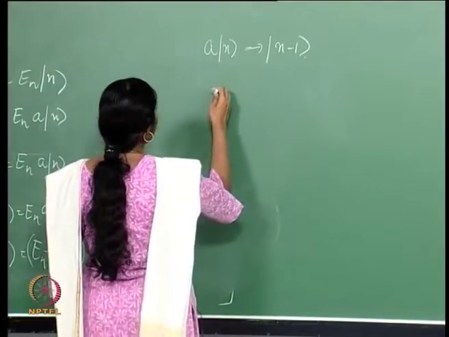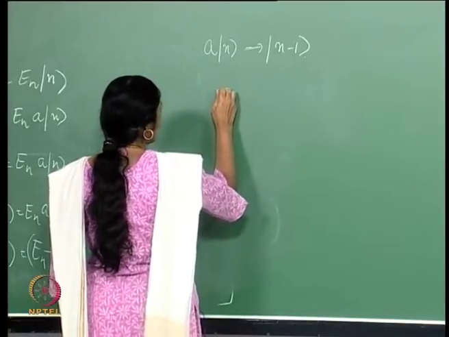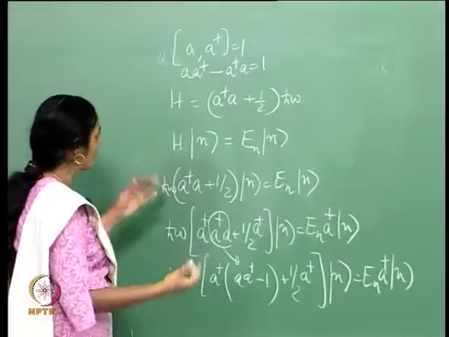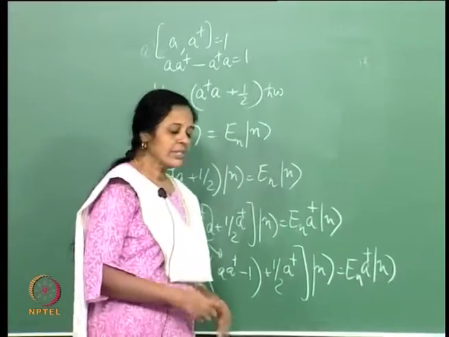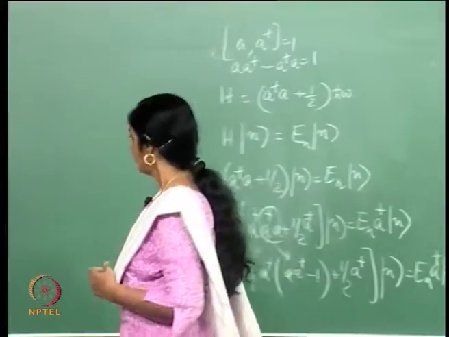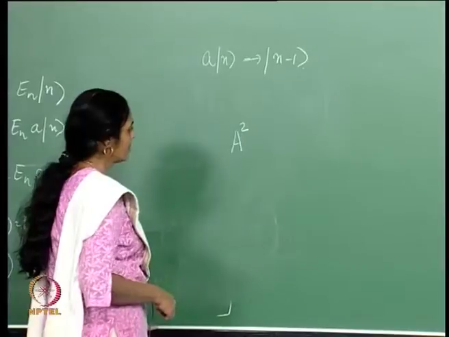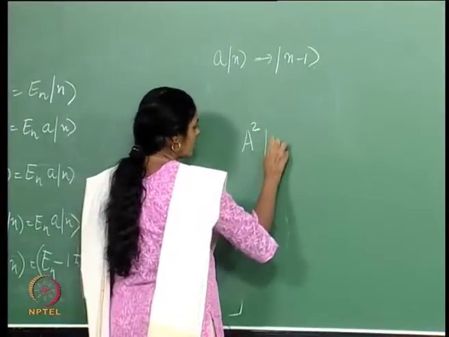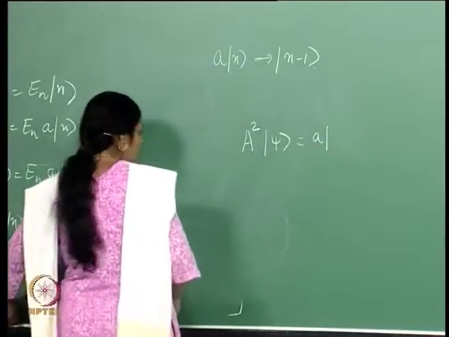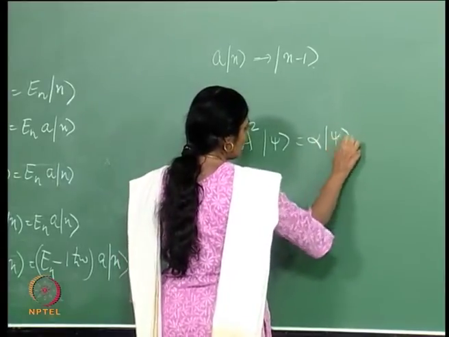So now let us look at the following. The Hamiltonian itself, when written in terms of x and p, it is clear that it is a quadratic form. There is an x squared and there is a p squared. Take any operator of the form A squared. Suppose psi is an eigenstate of A squared with eigenvalue, I can just call it alpha for the moment, alpha psi.